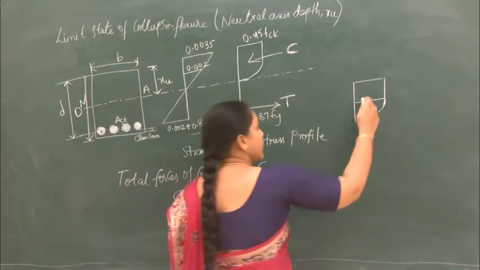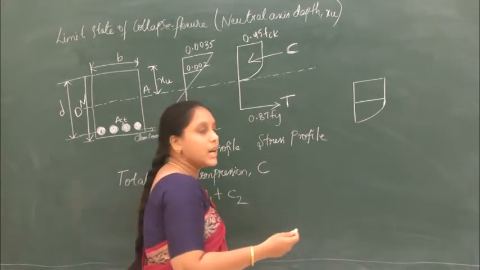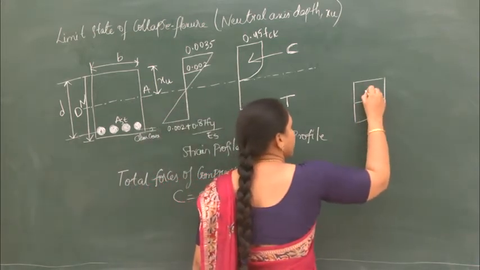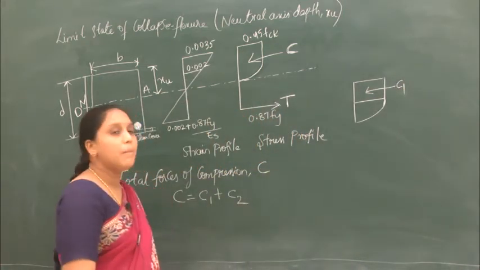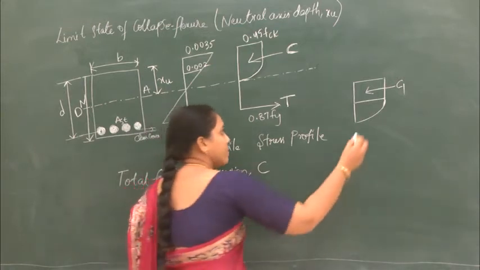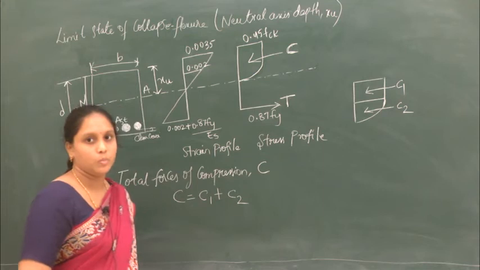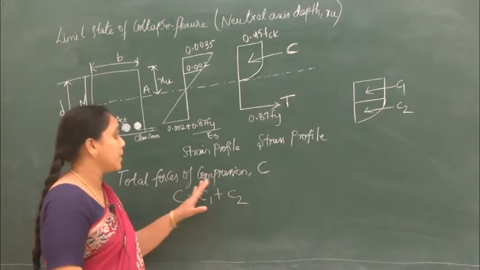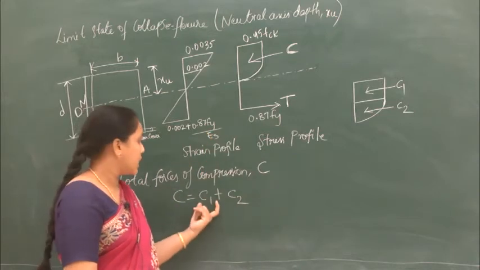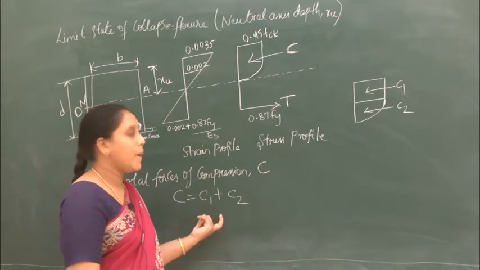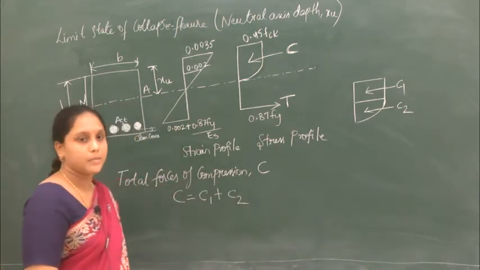One part is a rectangular part, and the force in that rectangular part is taken as C1, and the other part is a parabolic part, and the force in the parabolic part is taken as C2. So the total compression force C will be C1, the force in the rectangular part, as well as C2, the force in the parabolic part.